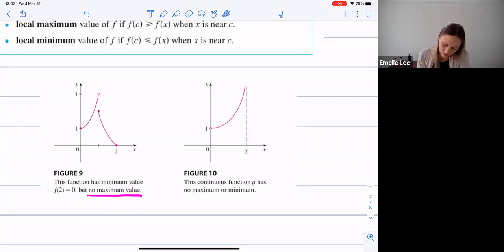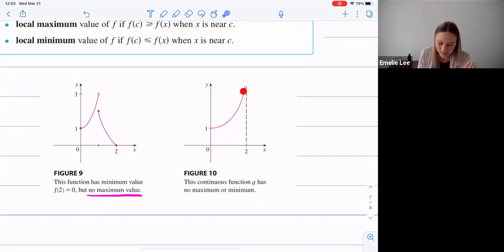Here, two ways that we might not have a max or a min: okay, well, this would be our smallest value, but again, we've got that open dot, and so it doesn't actually exist at that point. It's going to get close to it, but we can always go a little bit closer, and so then we don't have a minimum.